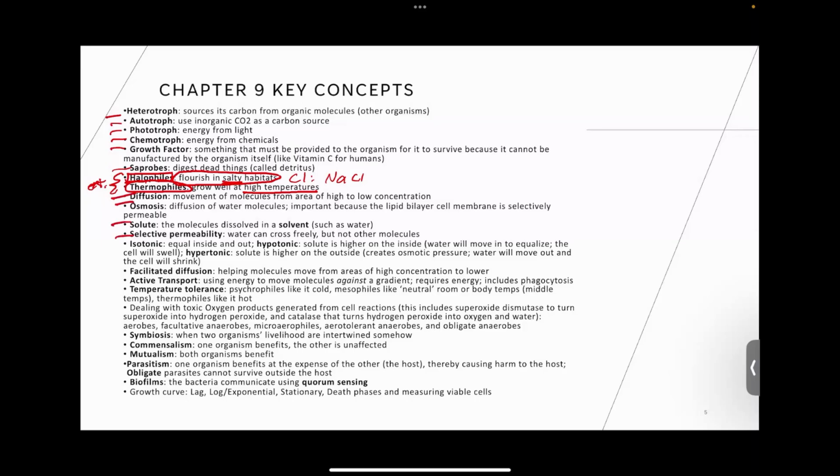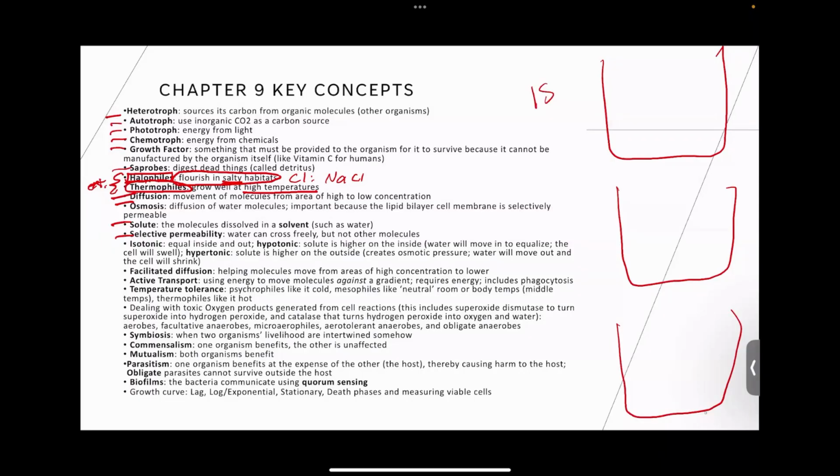Selective permeability, we've talked about that. And so this leads into our concepts of isotonic, hypertonic, and hypotonic. So we'll draw our little diagram here for each. In an isotonic situation, this is our solution, and this is a cell inside of the solution.